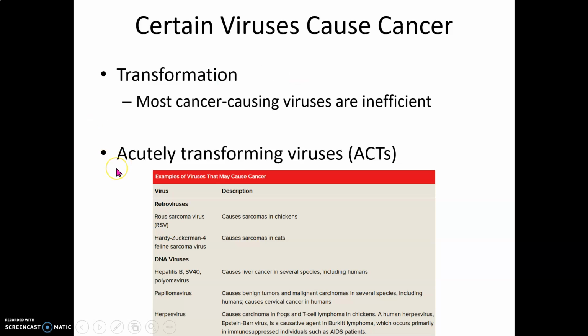But there are some viruses that are acutely transforming viruses, or ACTs. The first one that was discovered is RSV in chickens. What they figured out was these viruses themselves carry oncogenes. And those oncogenes, when integrated into the genome, can lead to cancer.